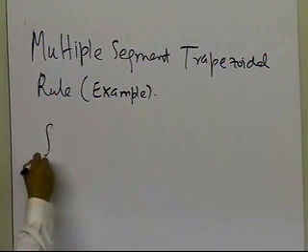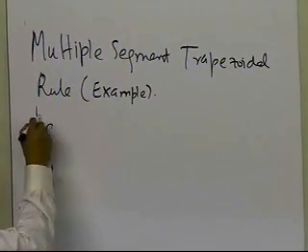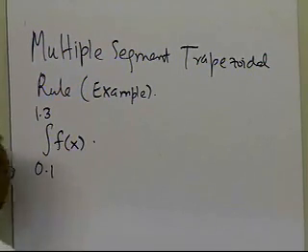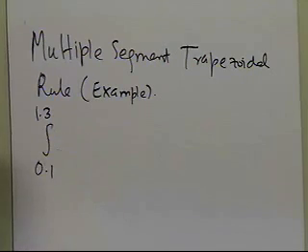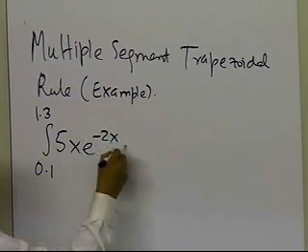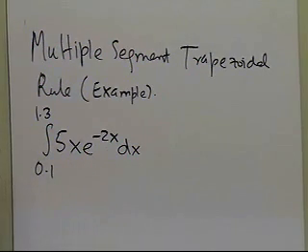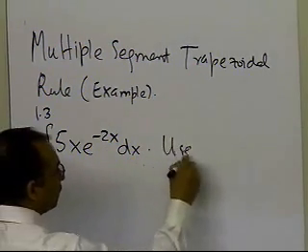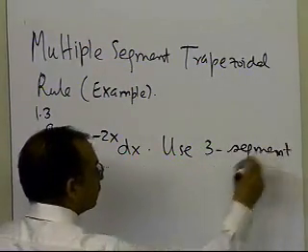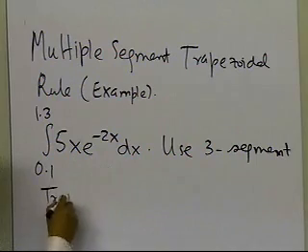So we're going to take the example of the integral from 0.1 to 1.3 of f of x, where f of x is 5x e to the power minus 2x dx. I want to use the three segment trapezoidal rule.